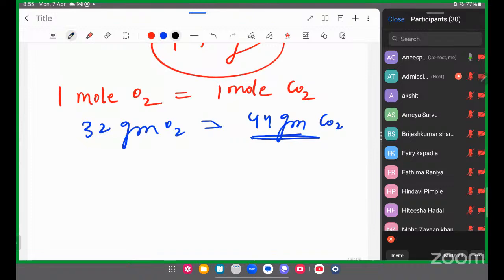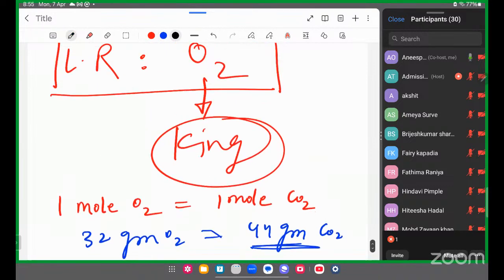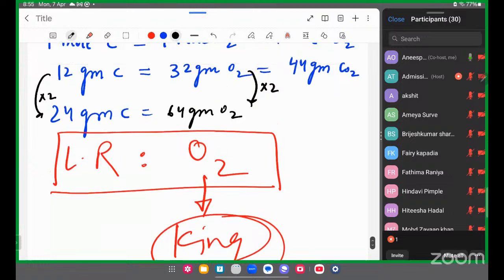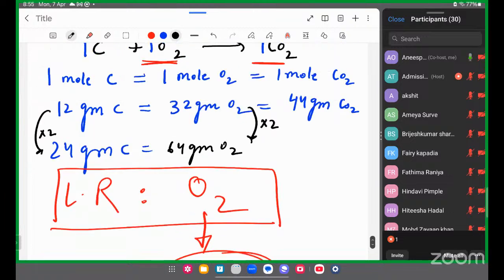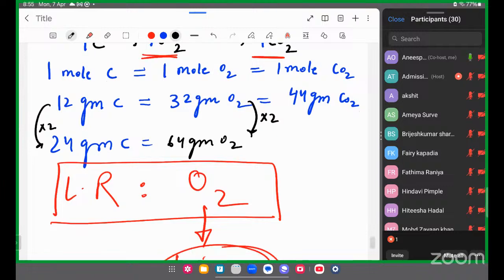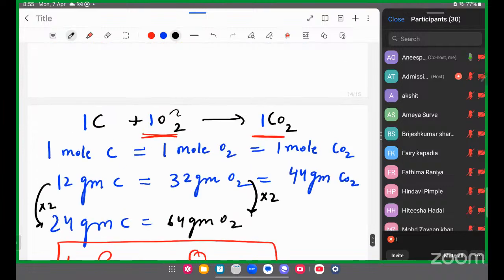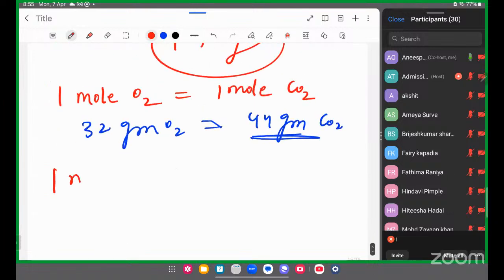Now the question may be, if oxygen is limiting reagent, it means oxygen is consumed first and carbon will be remaining in the reaction. So how much carbon is left? What is the amount of carbon that is not utilized? Now we will look at the stoichiometry of oxygen and carbon, which states that 1 mole oxygen reacts with 1 mole carbon.